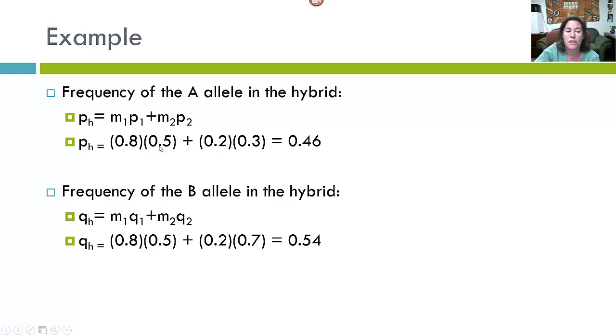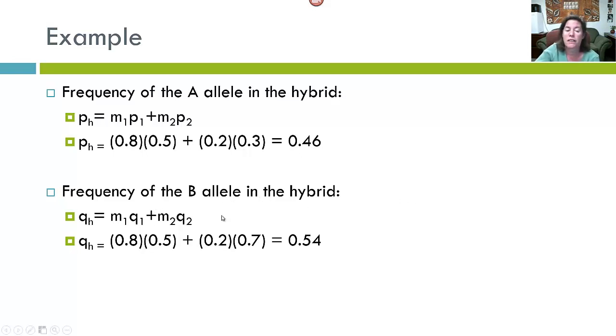P1 equals 0.5, P2 equals 0.3. We calculate it out. 0.8 times 0.5 is 0.4, plus 0.2 times 0.3 is 0.06. So we have the total for the hybrid of the frequency of the dominant allele as 0.46.